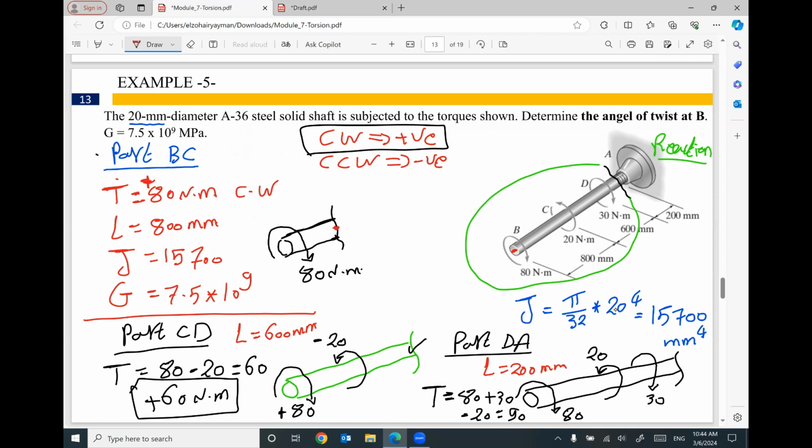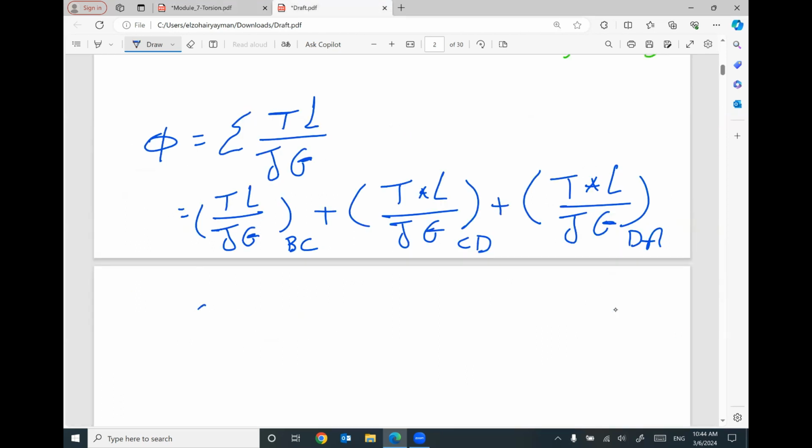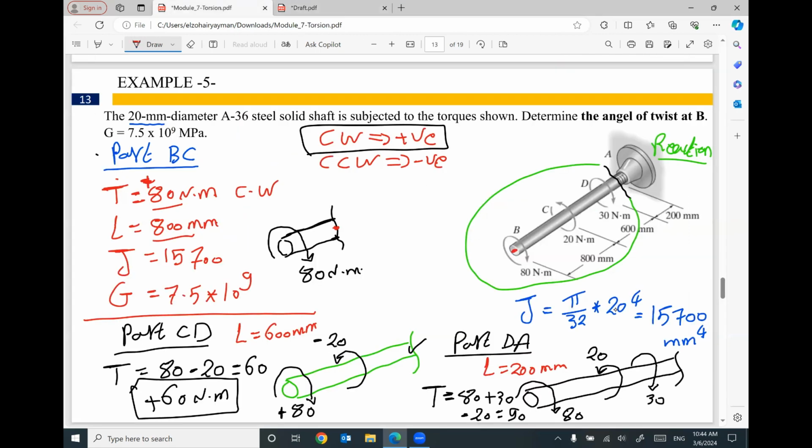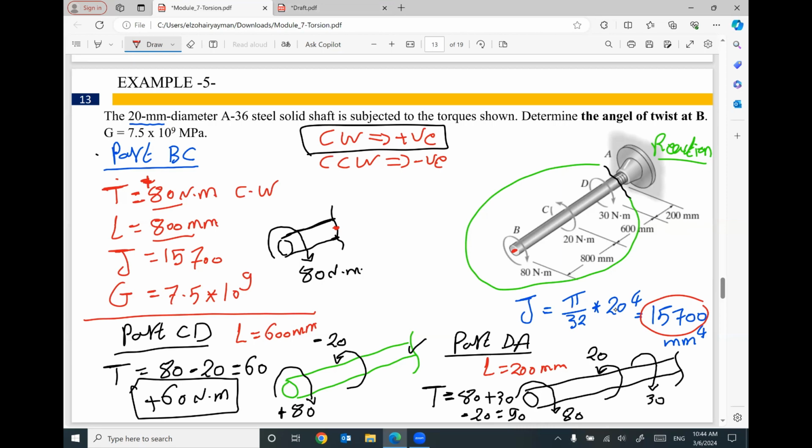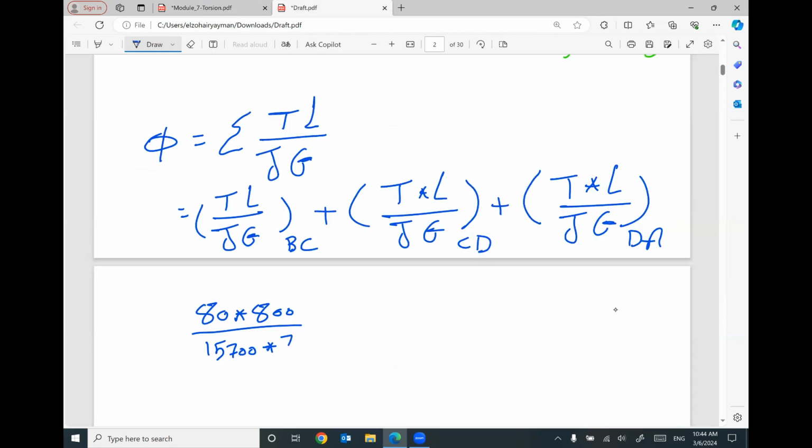The torque on the first part, 80. The length of the first part was 800. The G for the first, second and third part is the same, 15,700. And the value of G for all of them, because it is the same material, 7.5 times 10 to power 9. This is for part number 1. Plus the torque on part number 2 will be 60.